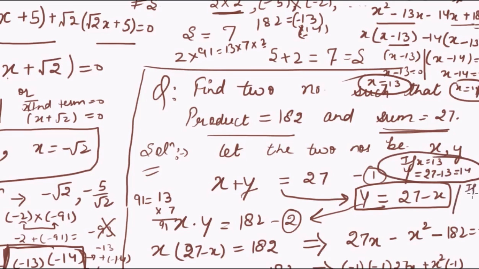Whereas if x = 14, y is 27 - 14, that is 13. So the two numbers are 13 and 14, whose product is 182 and sum is 27.